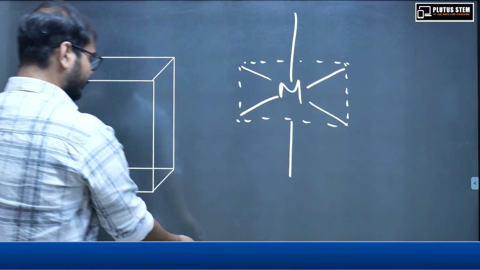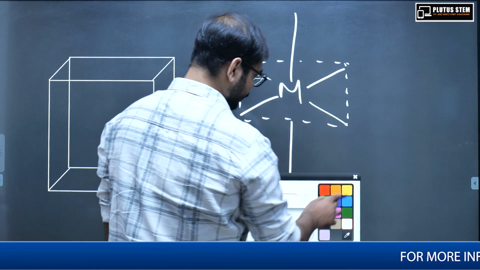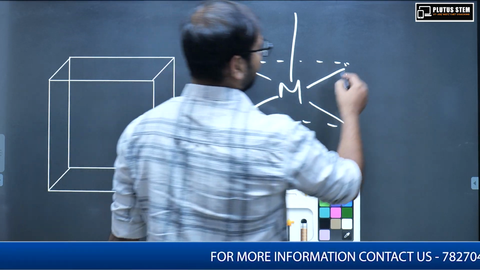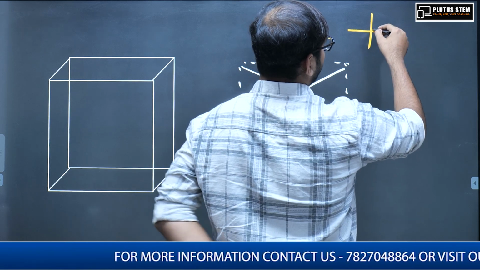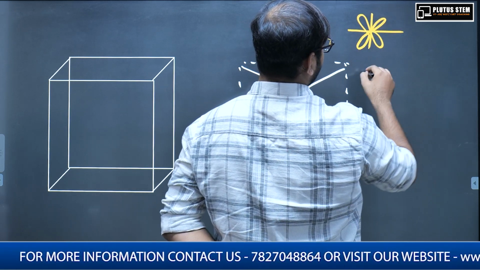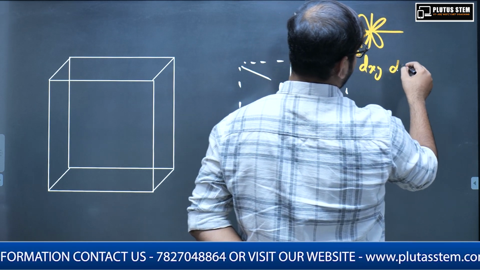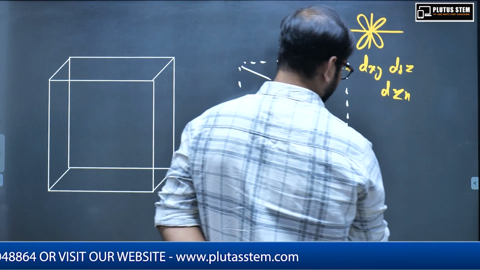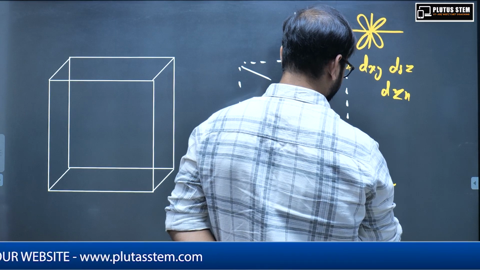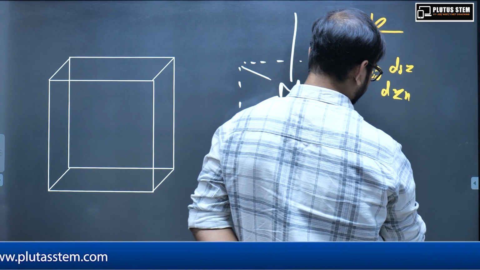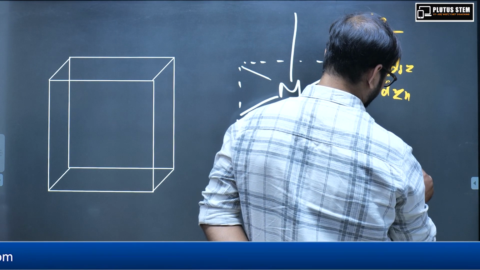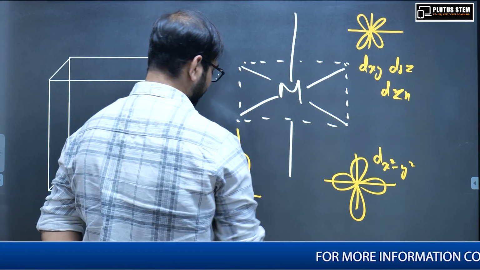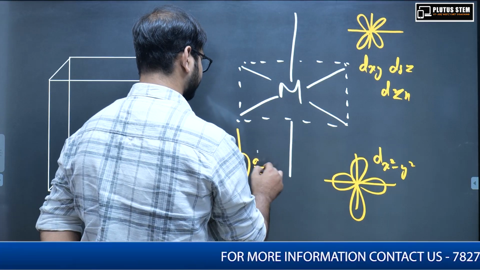Now, in the same geometry, if I require four of the ligands in the plane, I have different types of d orbitals. These correspond to the dxy, dyz and dzx type of orbitals, while the orbitals on the axis are the dx square minus y square, and another orbital I have is the dz square lying on the z axis.